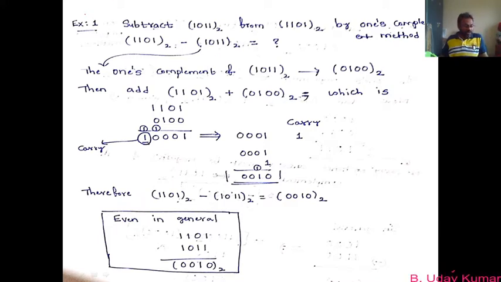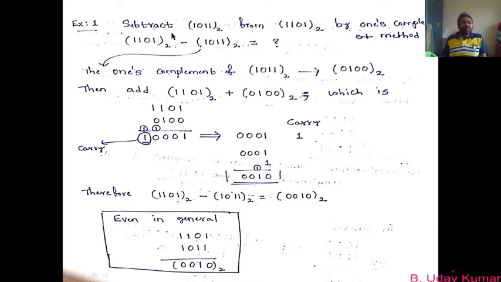So this is example one that I am considering to subtract a binary number from the other. What is given here? Subtract 1011 to the base 2 from 1101 to the base 2 by the 1's complement method. This is the problem that we are going to solve to understand the 1's complement method.